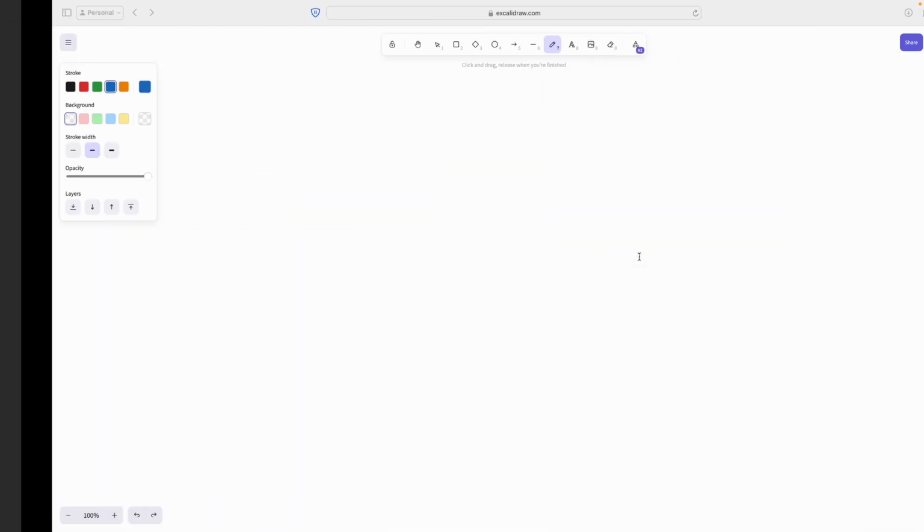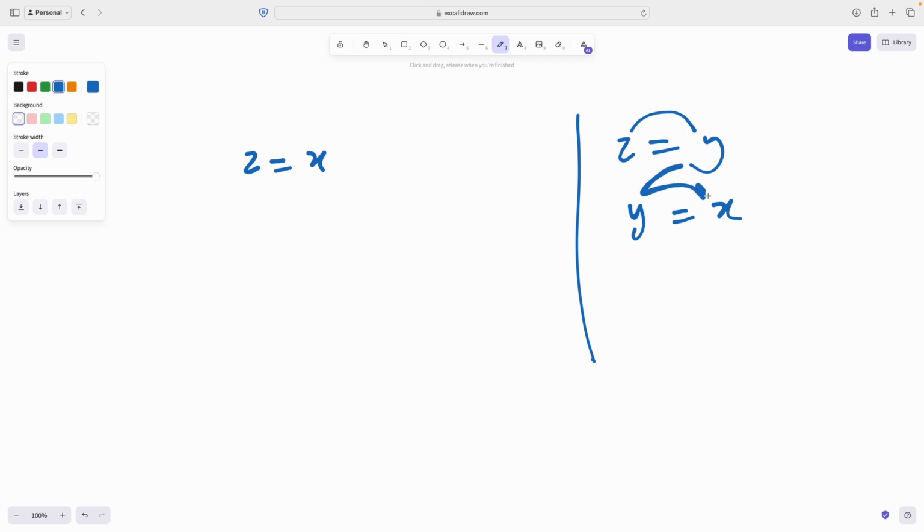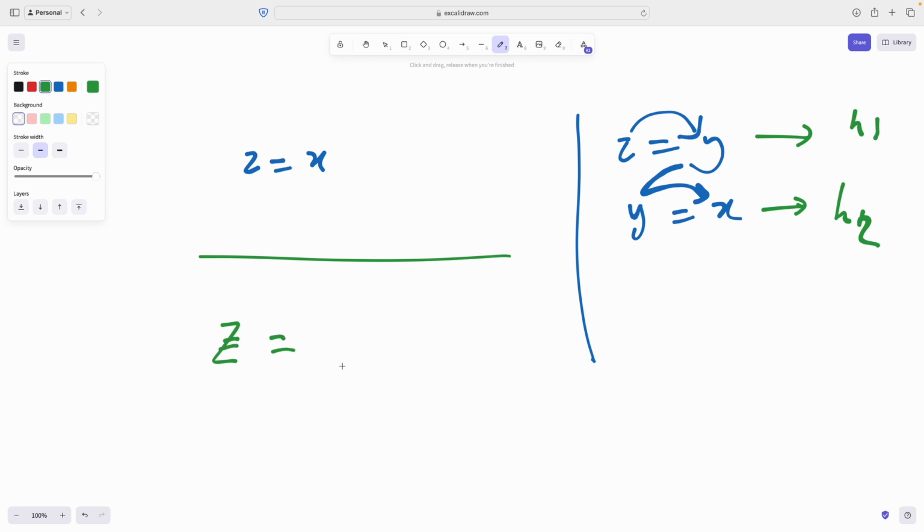Let's draw a picture. Z equals x, and we are given z equals y and y equals x. So that's trivial, isn't it? You couldn't get easier than that. But the idea is to practice doing that in Lean code. So you can imagine these are the two hypotheses, maybe you call them H1 and H2. And then let's talk through the strategy again. You start with the thing you want to prove something about, which is z equals, and what does it equal?